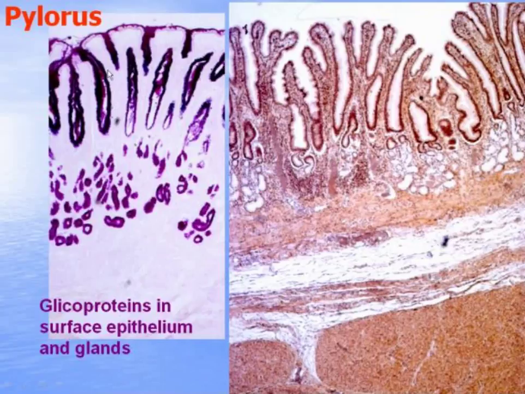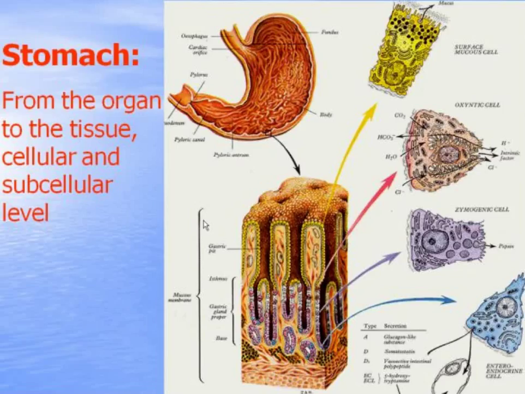This is a histochemical preparation, specific staining for glycoproteins in surface epithelium and glands. So I described to you the stomach structure from the organ and tissue to the cellular and subcellular level.